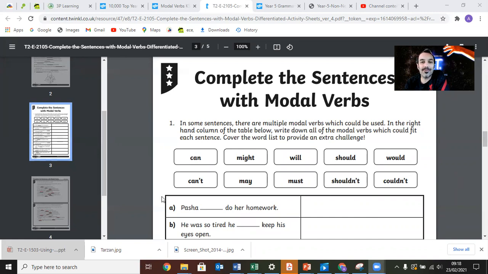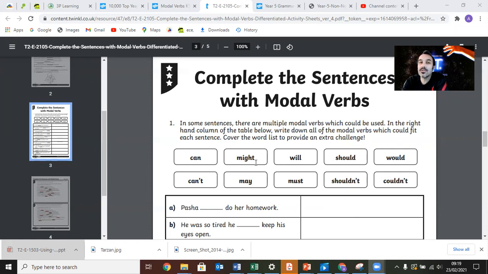So let's look at A, the first one. Pasha something do a homework. Now, remember what we said. There isn't a set modal verb. It's best fit. So all the options that could go, you write them in here. And then you choose a best fit. And it goes in here. Does that make sense? Yes. So what do you think it could be? Pasha can do a homework.